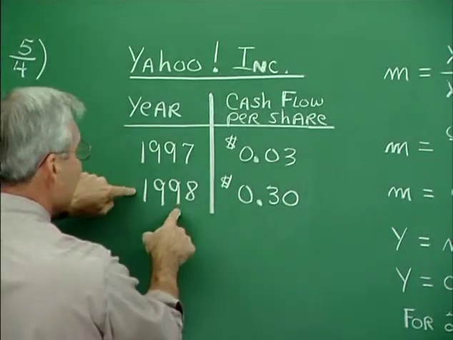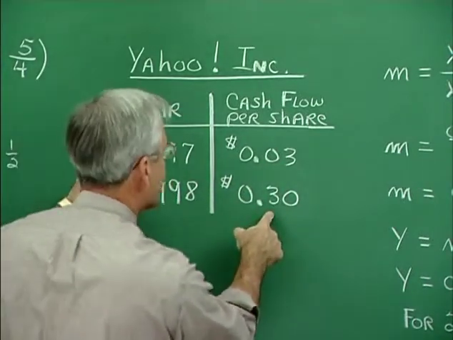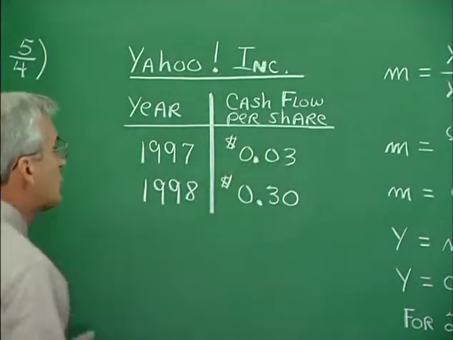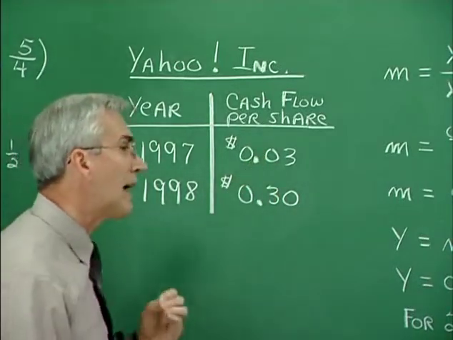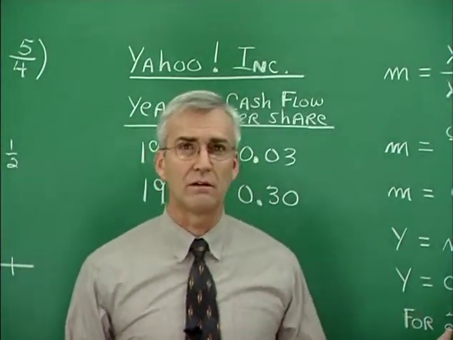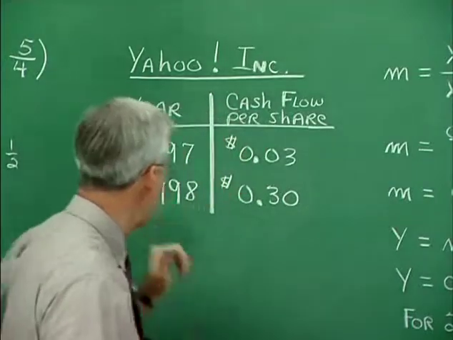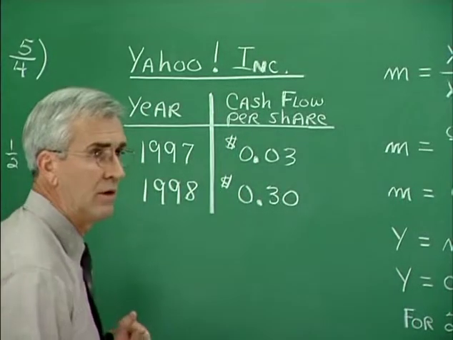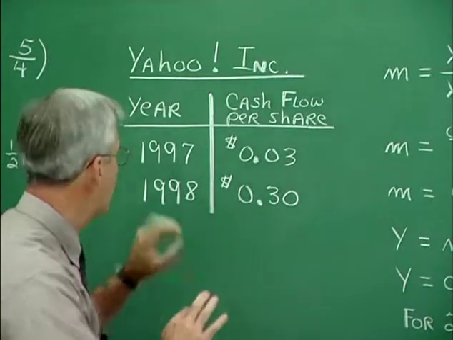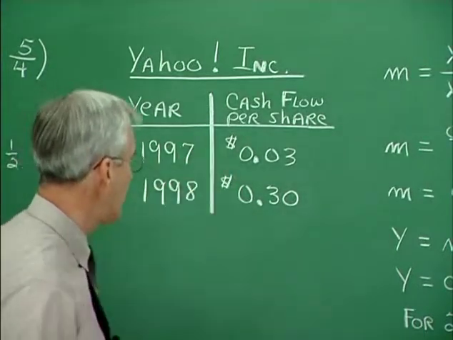In 1998, it was 30 cents per share. Suppose we want to use this information to generate a prediction about what may happen in some future year or some year other than these 2 years. It might be a previous year. It might just be outside the bounds of this information.